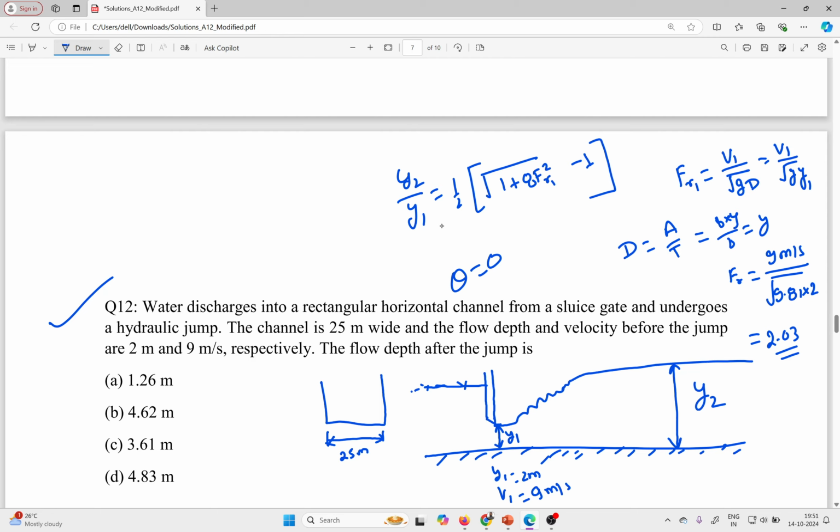Now you can put here y1, which is given already as 2, by 2, into root over 1 plus 8 into 2.03 square, minus 1.